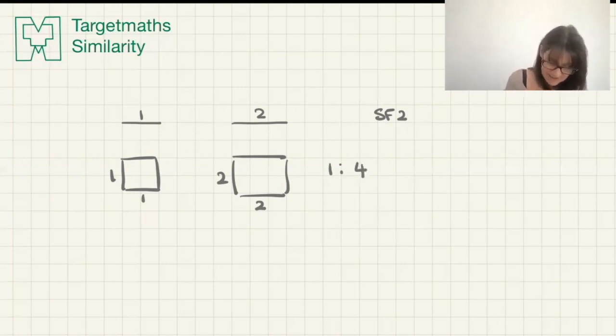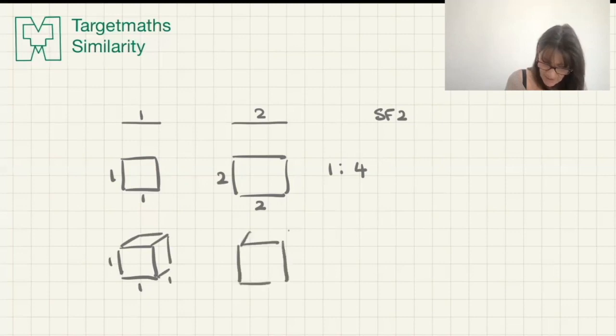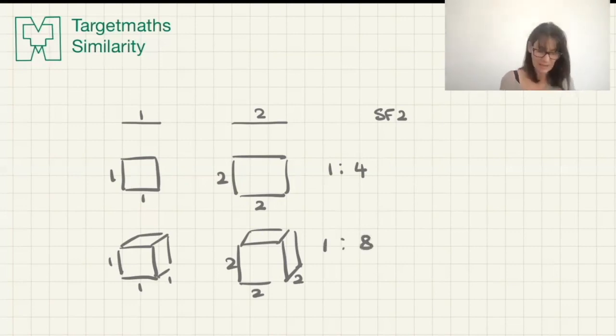If I do the exact same thing now and build this 1 by 1 into a cube, so I've got to add on, and I've got 1 by 1 by 1. And I do the same here with the bigger one and call those 2 by 2 by 2. Then my volume is 1. 1 times 1 times 1 is 1. 2 times 2 times 2 is 8. Okay.